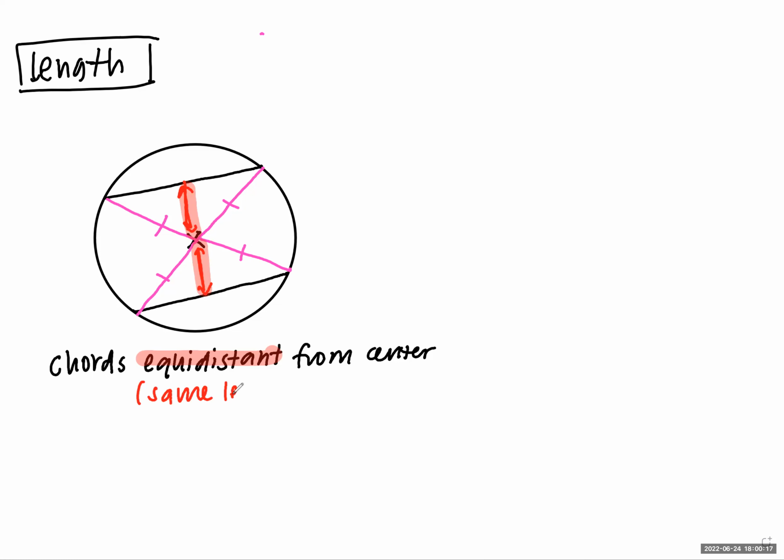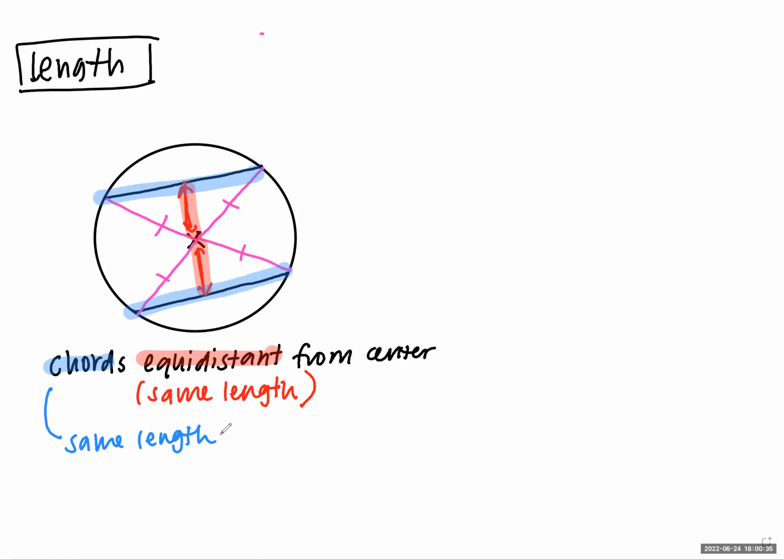The one in red and red, okay? Same length, right? And if these two is the same length, I can now say that this chord and this chord have the same length also. That's all. That's it.